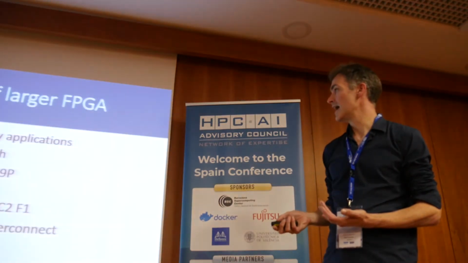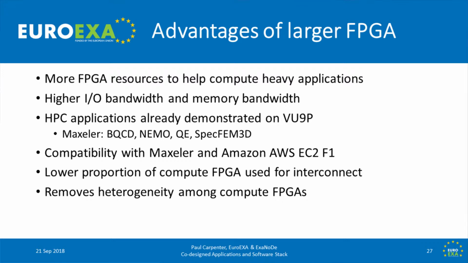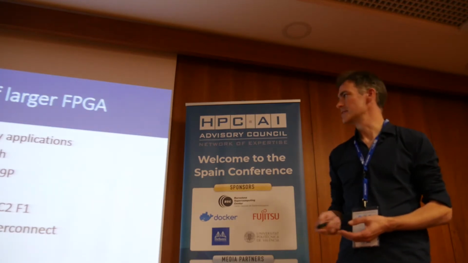Briefly, the reasons are that this gives you more FPGA resources, higher I/O bandwidth and memory bandwidth. Applications have already been demonstrated on this larger FPGA that haven't been demonstrated on the smaller FPGA. With the smaller FPGAs, more of the compute FPGA is already used for the interconnect, and the application has to be divided up into smaller parts. I think we did conclude a roughly 4 times performance improvement from going this way.